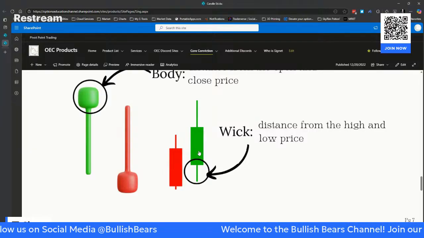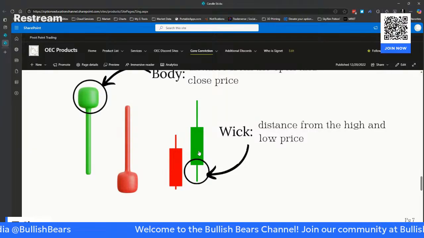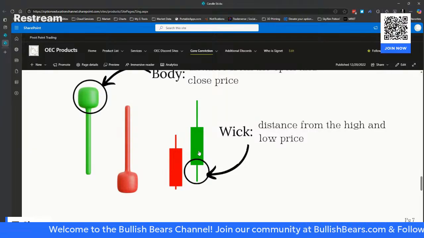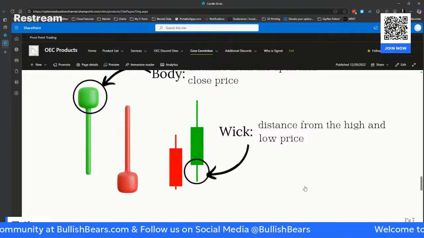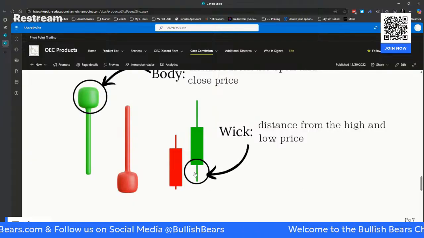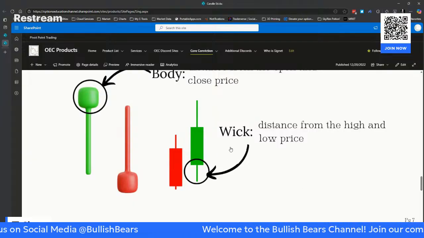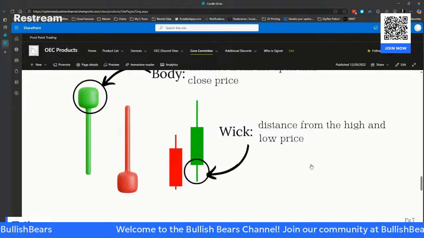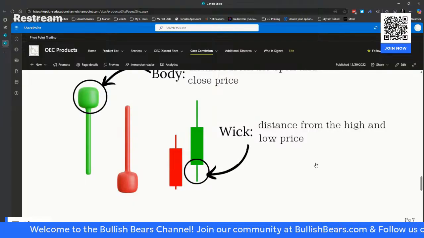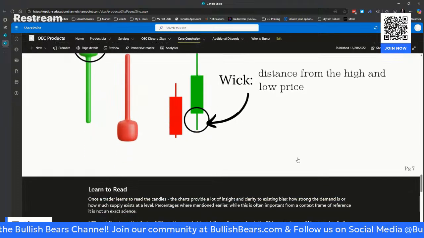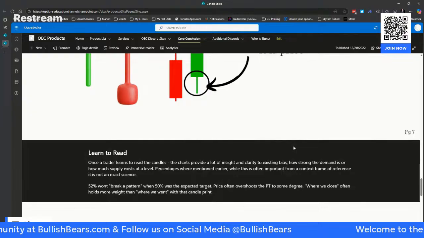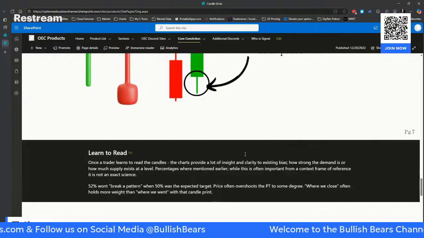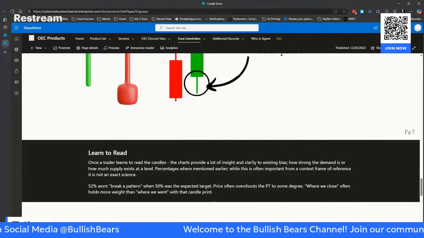If I had taken the time to study those earlier, it would have helped. I wouldn't have struggled so much, right? But it just feels silly reading a candle book that is pointing out wicks and bodies. I get it. When you've already been trading, you don't even want to think about wasting that kind of time to go through that. But you kind of got to at some point because it'll transition out of that and get into the deeper stuff.